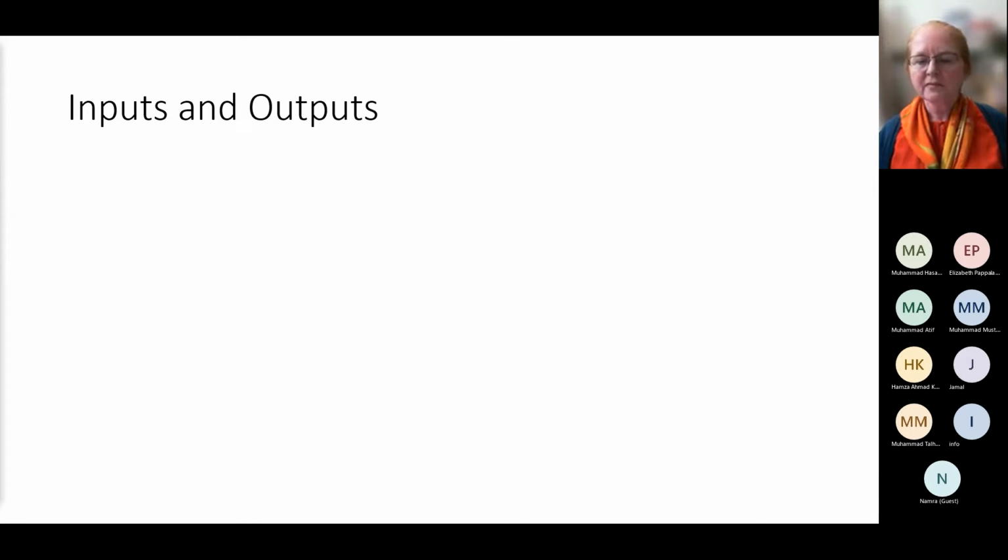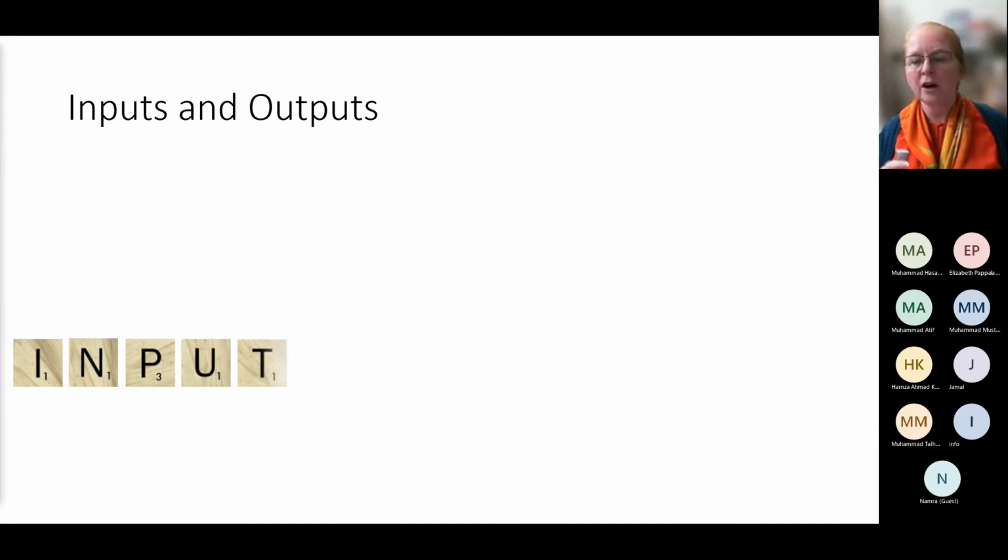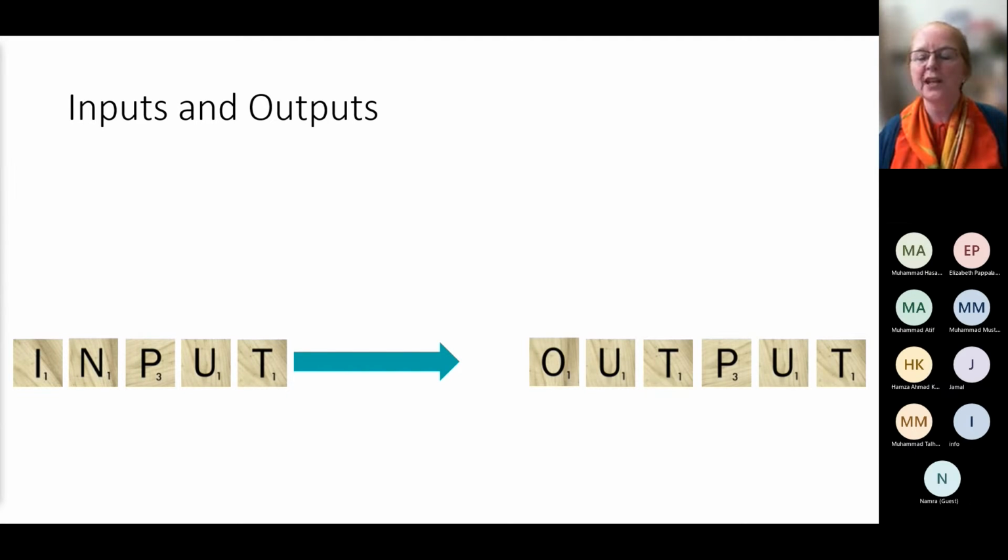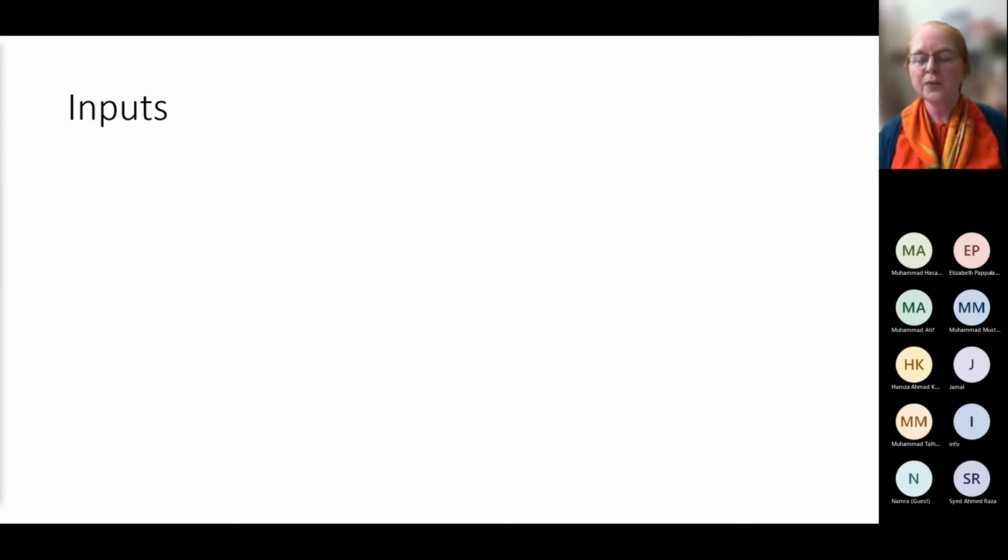So an input is any item of data that we are feeding into a business process in order to allow it to move forward. An output is something that the business process gives to us. So inputs can be a wide range of things, and I've illustrated a few of them here.